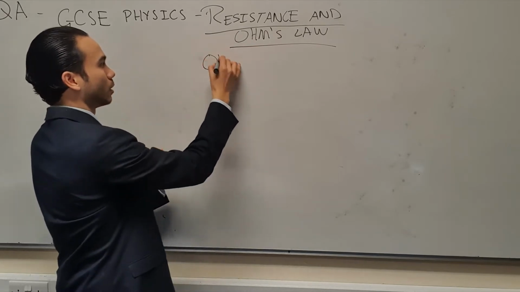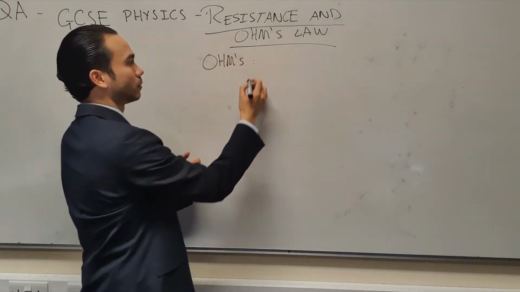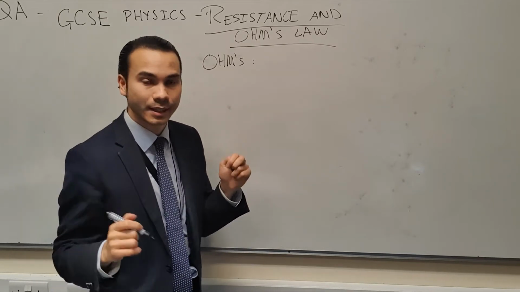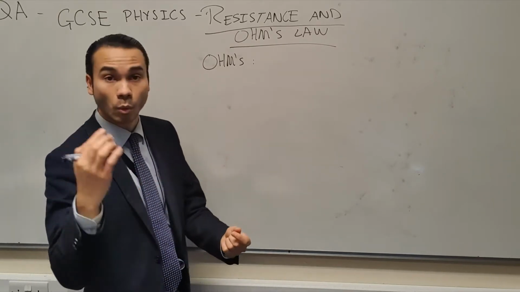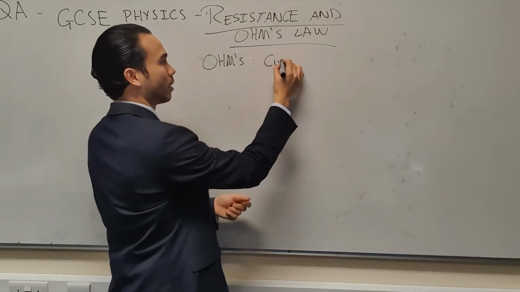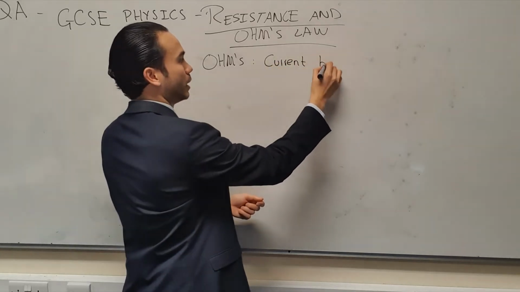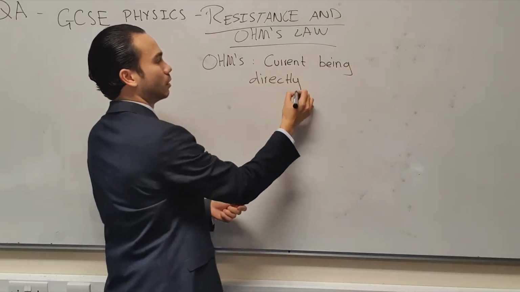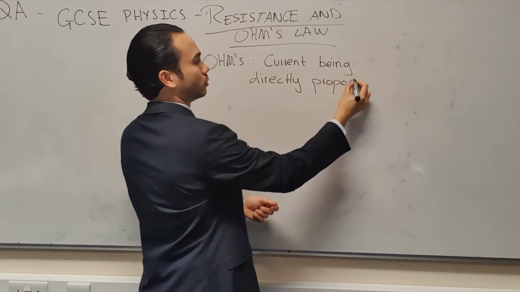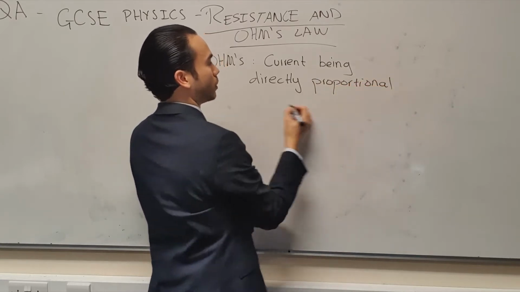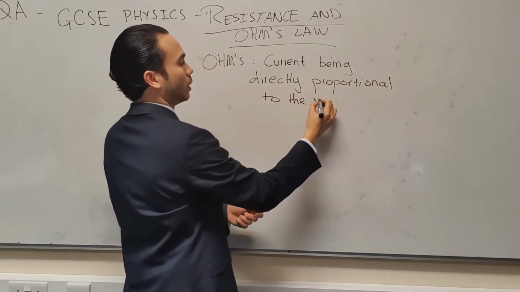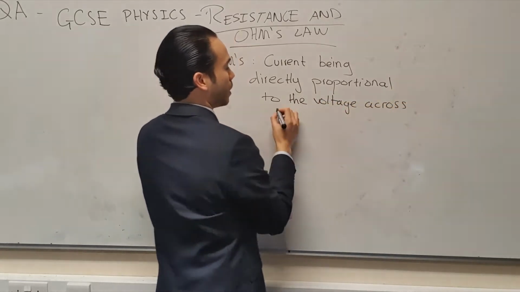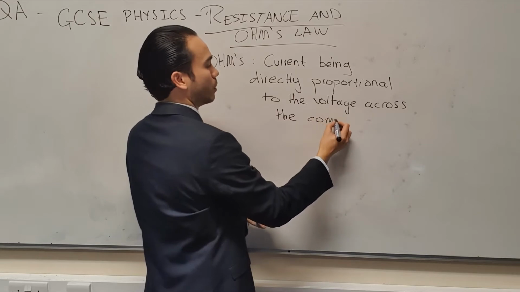Well, a resistor or device that is said to be ohmic, or obeying Ohm's law, will have the current being directly proportional to the voltage across the component.